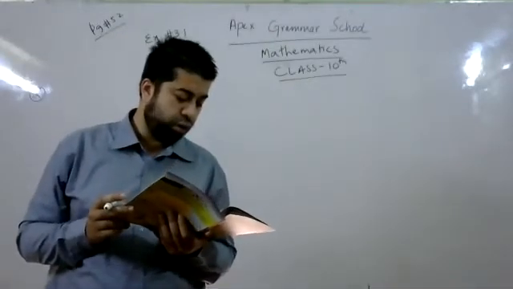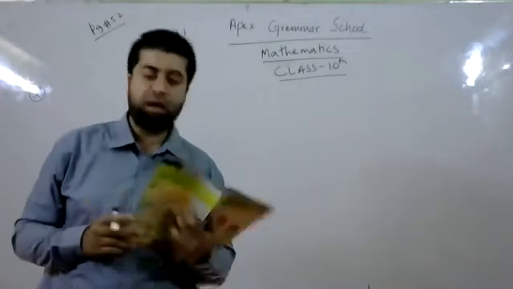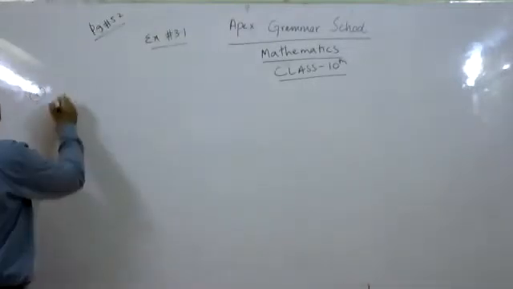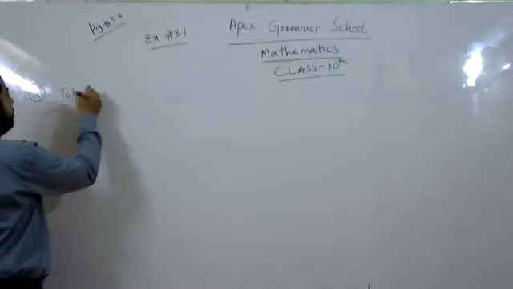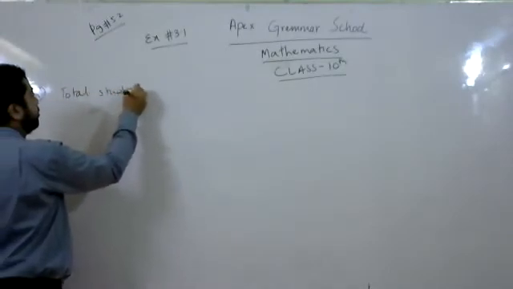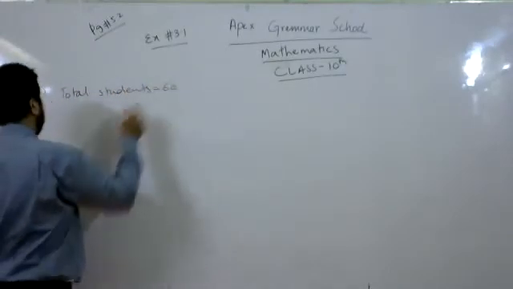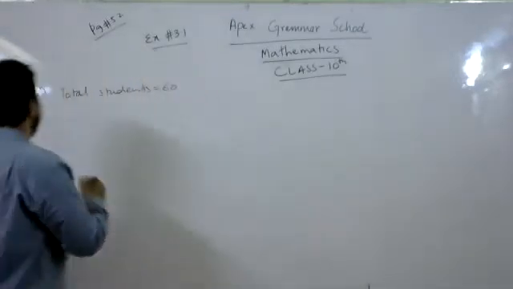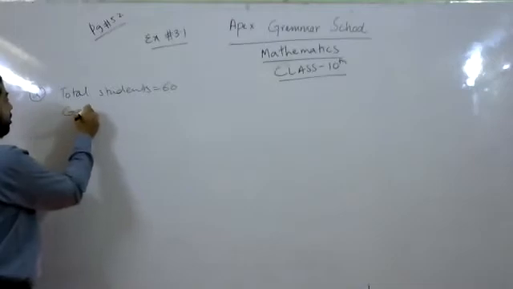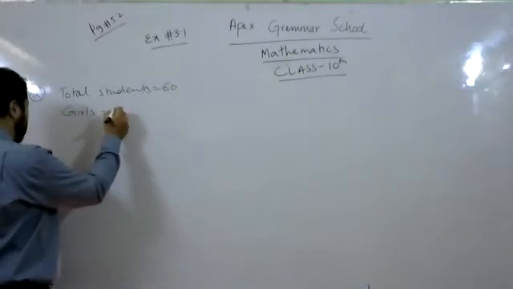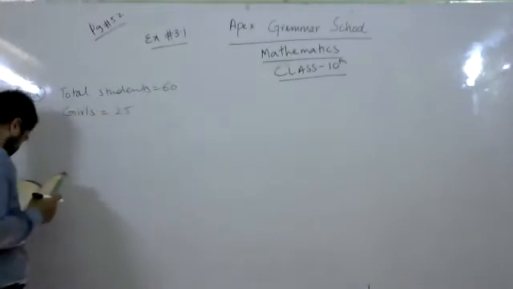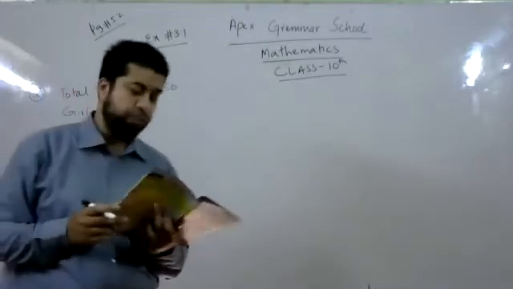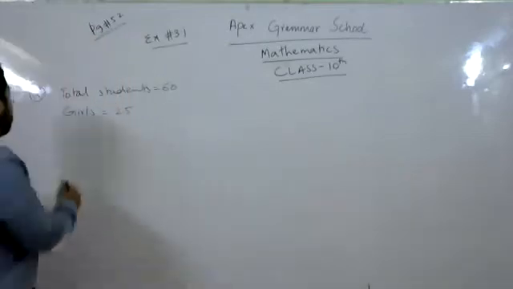In a class of 60 students, the total students are 60. 25 students are girls, and the remaining students are boys.